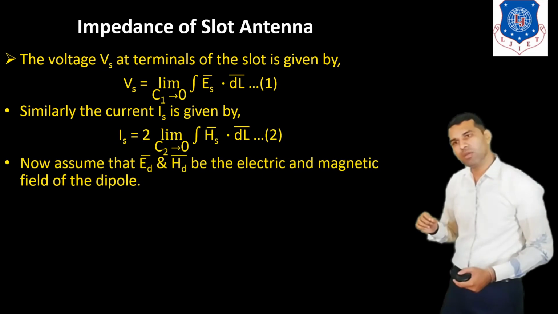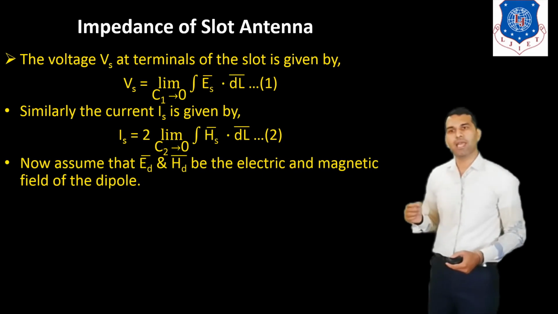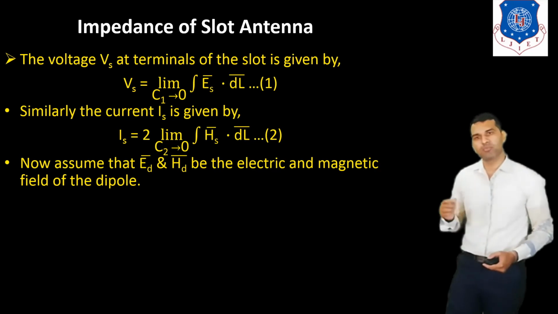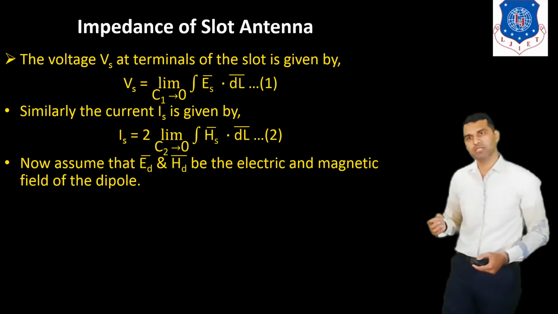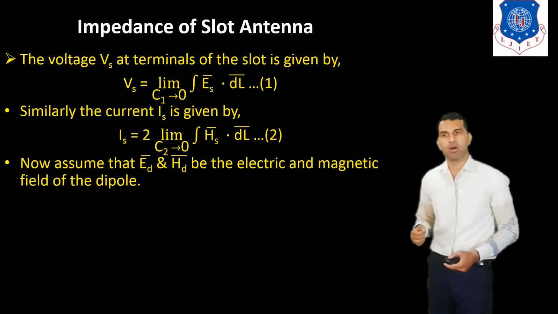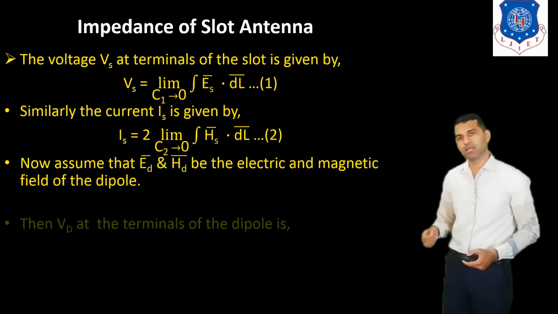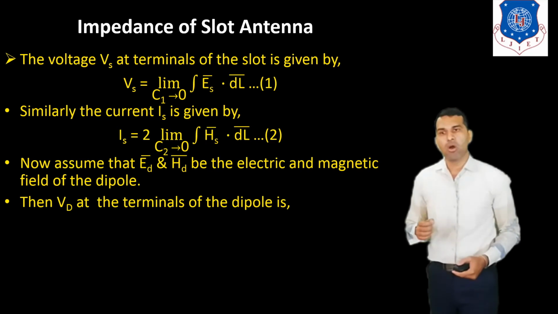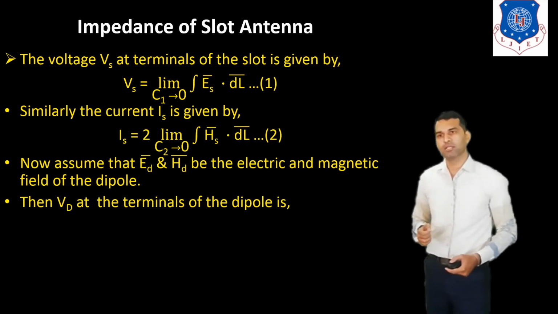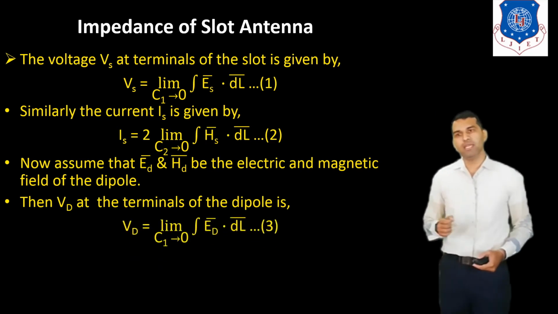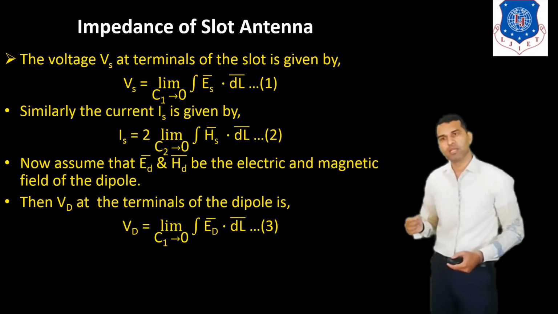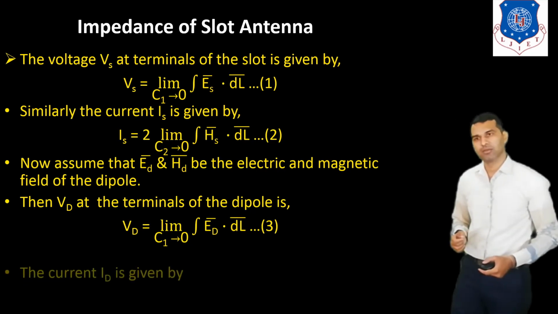Now, assume that Ed and Hd are the electric and magnetic fields of the dipole. That means Ed is the electric field of the dipole and Hd is the magnetic field of the dipole. Then Vd, the voltage at the terminal of the dipole, is Vd is equal to the limit as C1 tends to 0 of the integral of Ed dot dl.